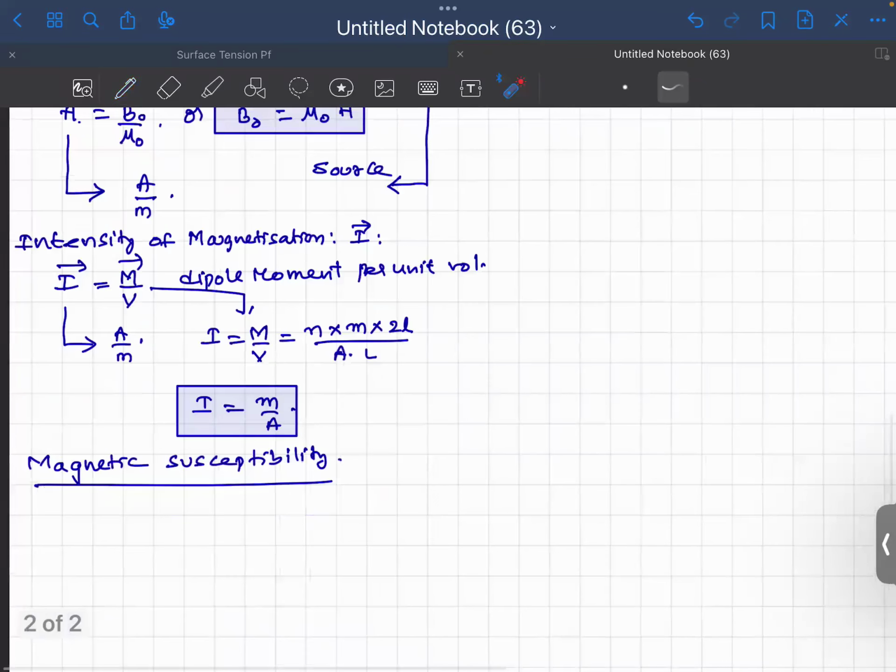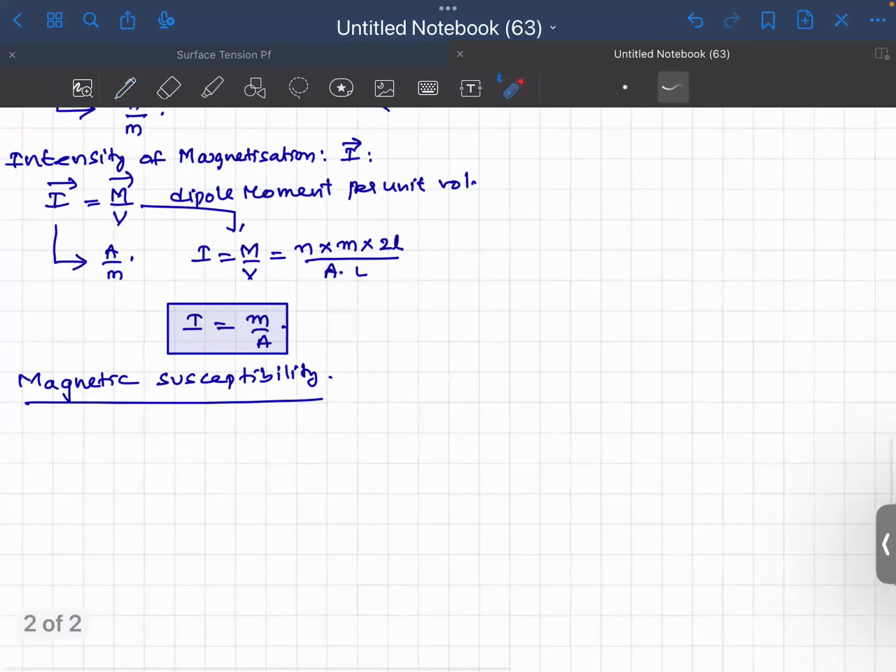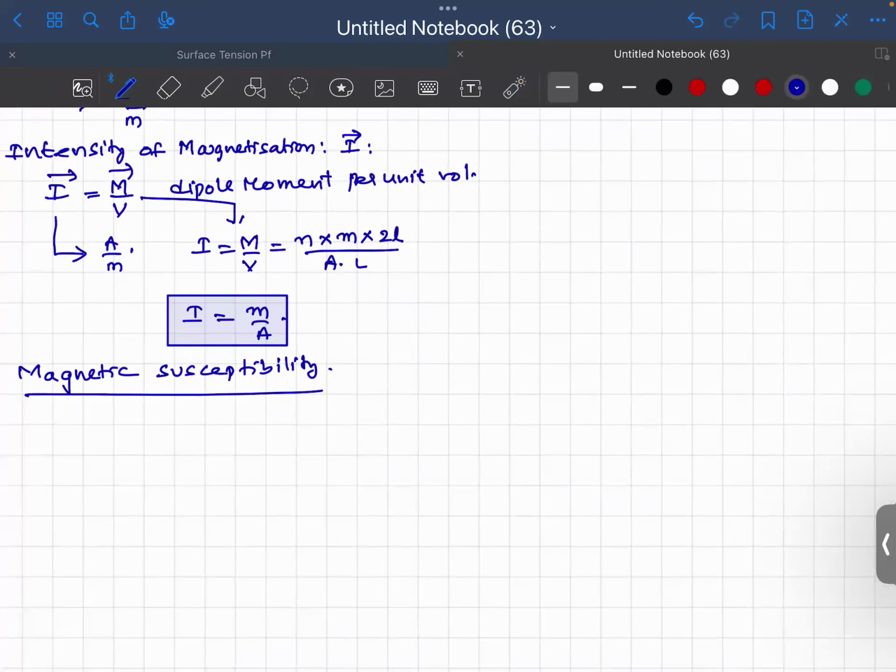So we require some comparison to measure the relative things. Effect per unit cause. That term is called magnetic susceptibility. Magnetic susceptibility is represented by the symbol psi. It is defined as intensity of magnetization to that of intensity of magnetizing field. Because both are same units, it is dimensionless.